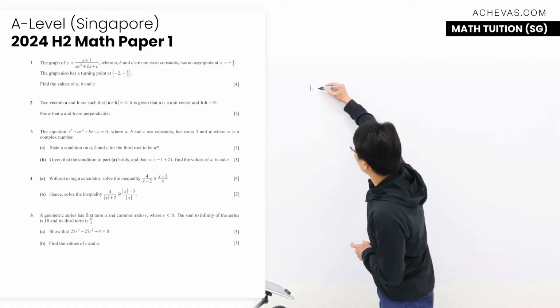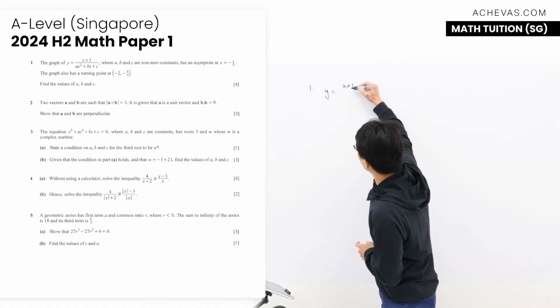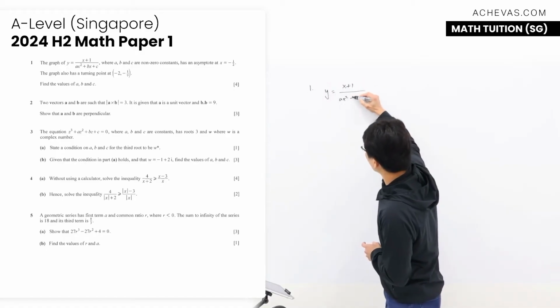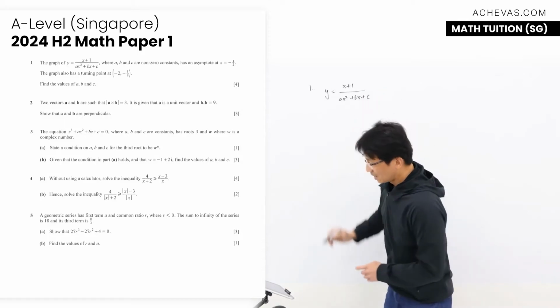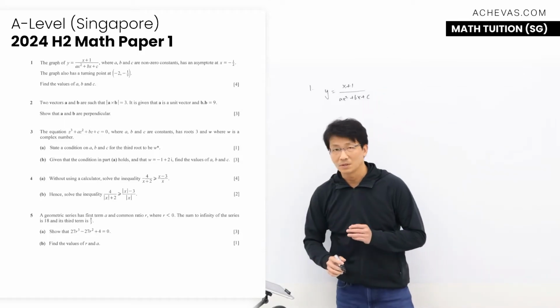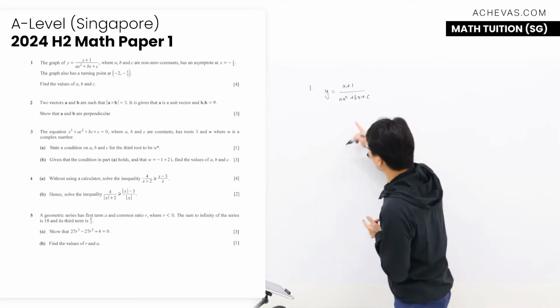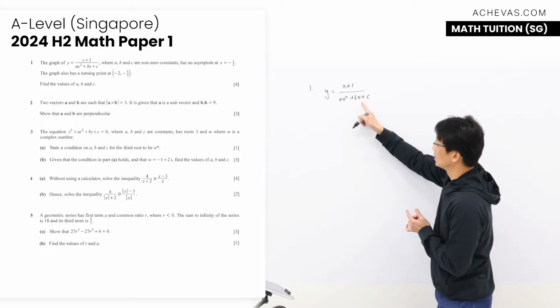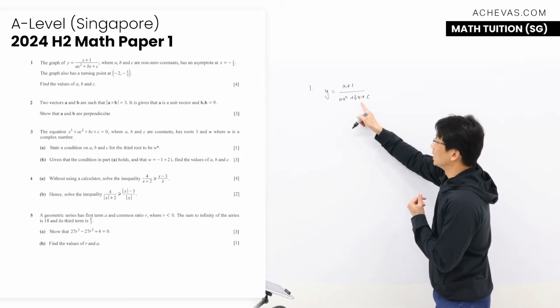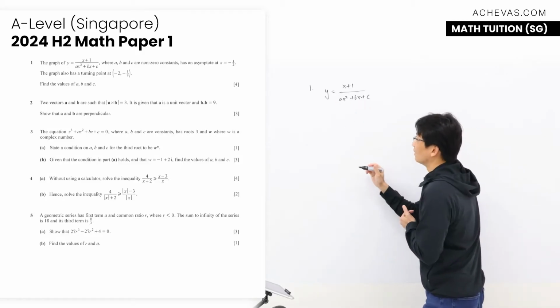We have here y equal to (x plus 1) over (ax squared plus bx plus c). And we know the vertical asymptote is the value of x that causes y to be undefined. And we know that if the denominator here is equal to 0, you will be causing y to be undefined.